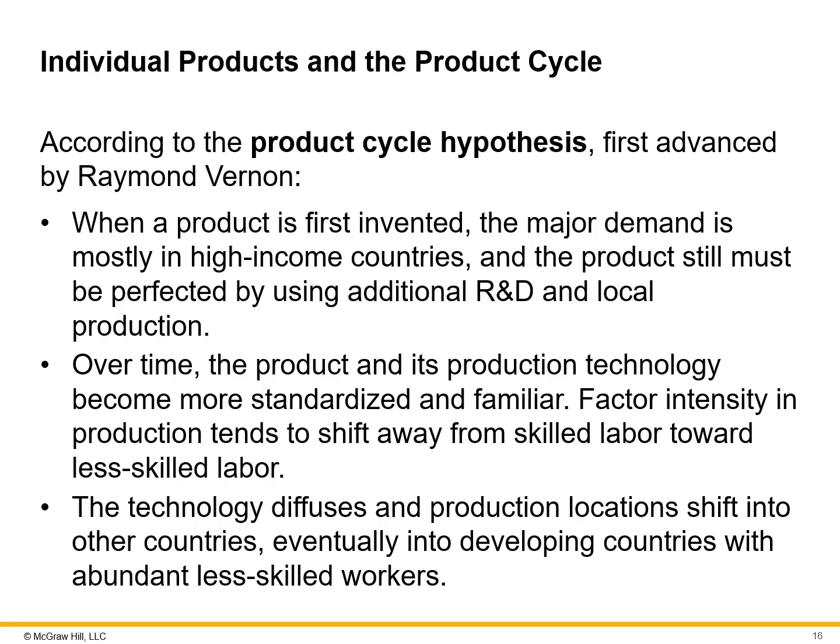And then we have individual products in the product cycle. According to the product cycle hypothesis, new products are invented and produced in high-income countries, and then production shifts to lower-cost countries as technologies mature.